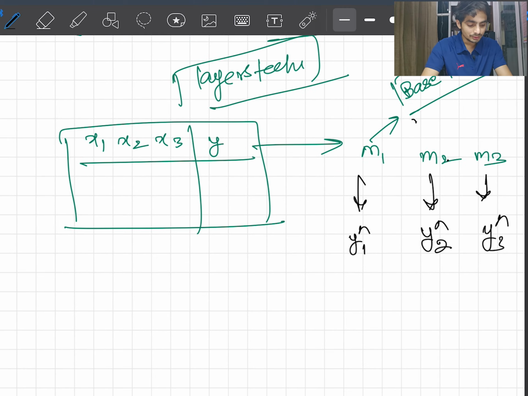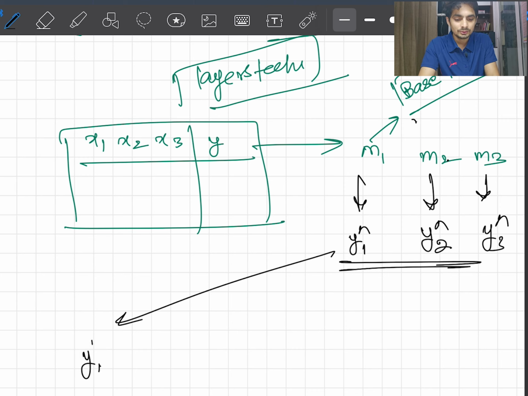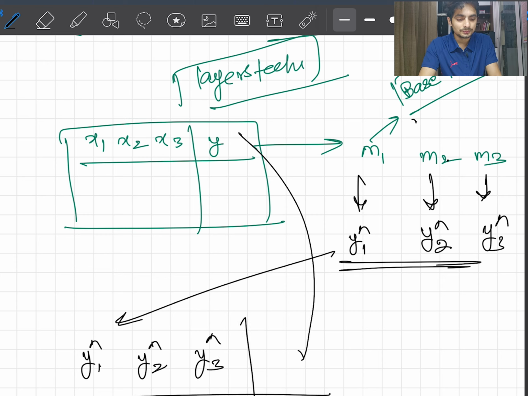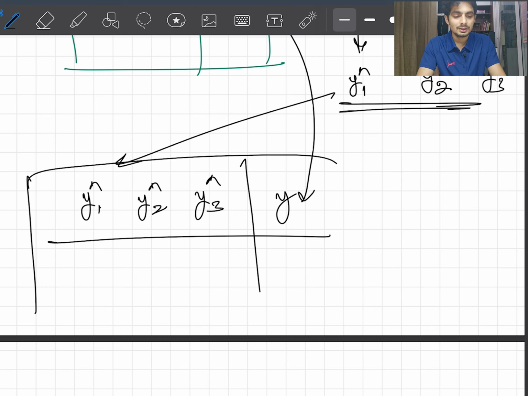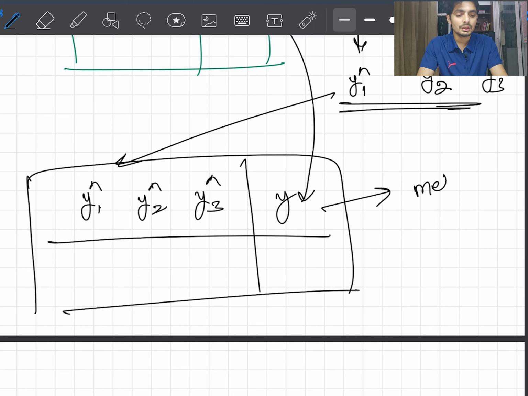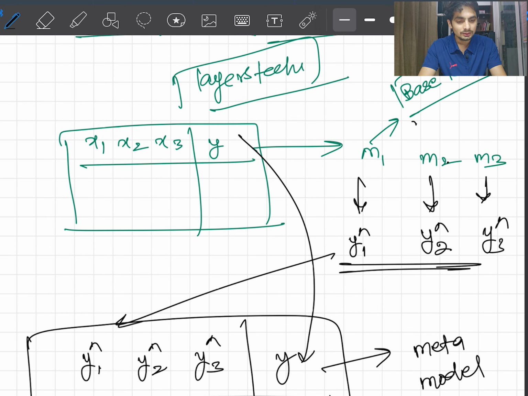Now we take these data points, y1, y2, y3, as inputs, and we consider the same output to create another data set and another model, which we call the meta model. The output we get from the base learners becomes the input to the meta model.